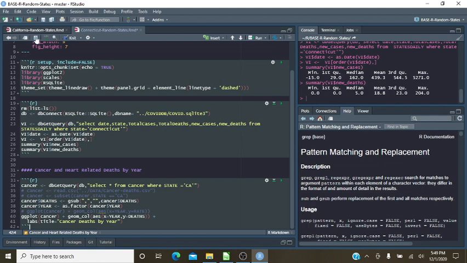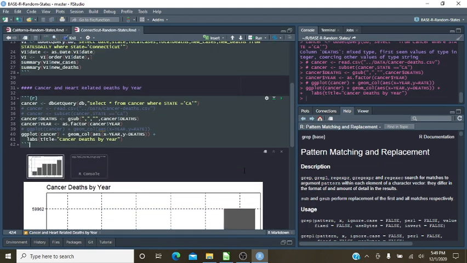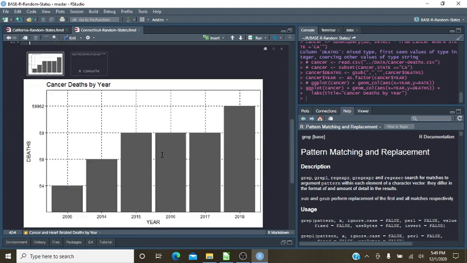Cancers. So you can see cancer deaths have continuously gone up in Connecticut since 2005, at least up to 2018. This is kind of interesting, right? 59,000 deaths from cancer in Connecticut.